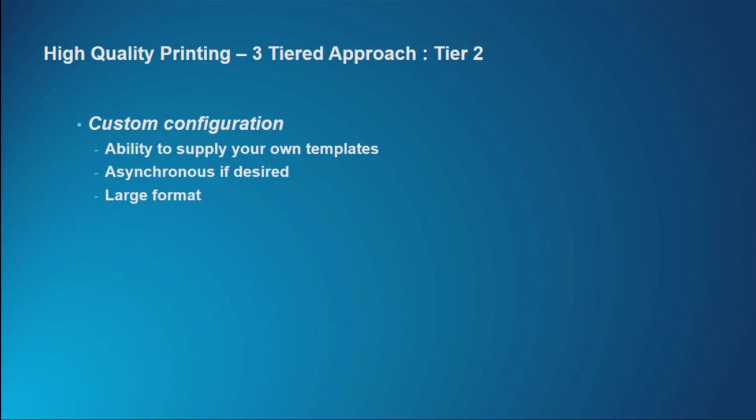Now you might want to flip to asynchronous if the print job is going to take a very, very long time. Otherwise you would leave it as a synchronous print job. And since you can supply your own templates with a custom configuration, you can support large format printing. So if you want to print an ArchE or A0 or a very large print size, you can do that with the custom configuration just by having a template that supports that page size.